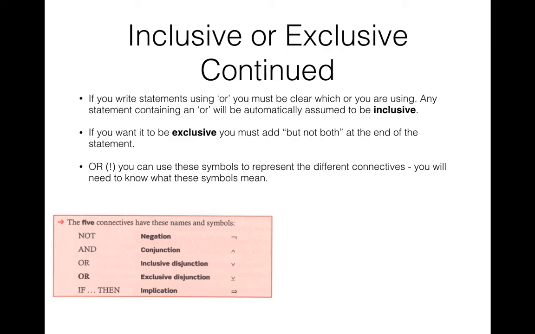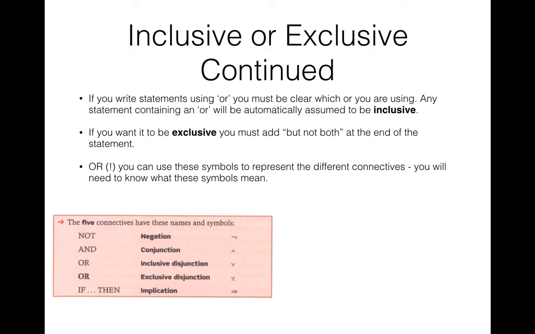Okay, if you're using or in a statement, you have to make it really, really clear whether or not it's inclusive or exclusive, because otherwise the reader might not know. And that could lead to people being quite confused. If you ask them, or tell them you can have a big cup or a small cup for your tea, and they assume that you're being inclusive and allowing you to have both, it might cause a bit of an issue.